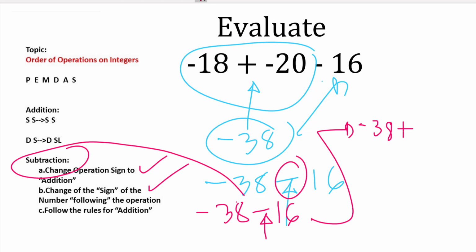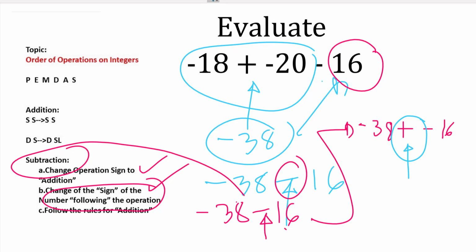This is positive 16, so now you change it to minus 16. So following the second rule, change the sign of the number following the operation. Now we have an addition problem in which both numbers have the same negative sign.